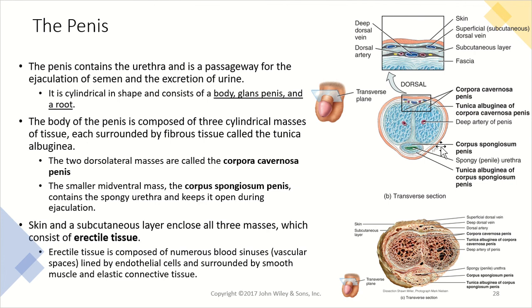This erectile tissue is going to be composed of numerous blood sinuses. These are just vascular spaces that can fill with blood, essentially. These vascular sinuses are lined by endothelial cells and are surrounded by smooth muscle as well as elastic connective tissue. This is what is responsible for filling with blood and causing an erection to occur, making the penis hard or standing upright.